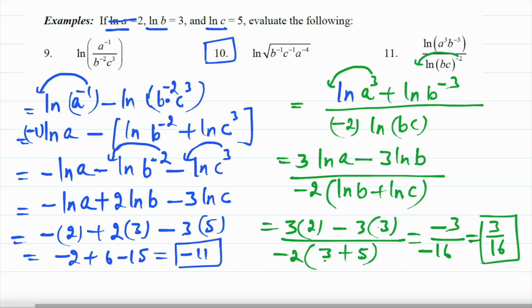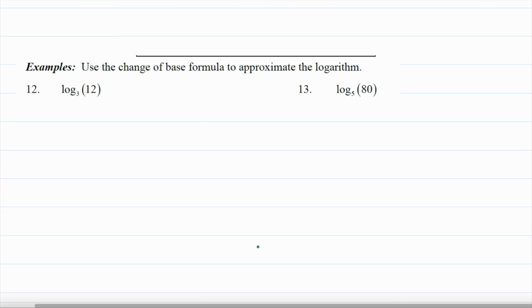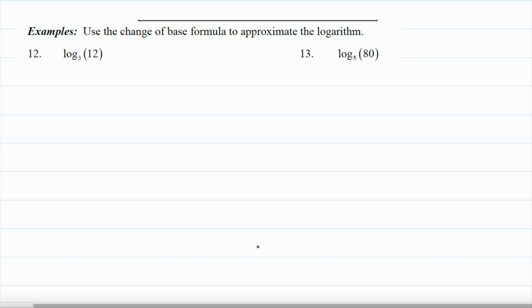Okay, and now after question number 11, when you look at number 12 and 13, these are the questions of change of base. So how can we do the change of base? If you have log 12 base 3, you can always write it as log 12 over log 3.